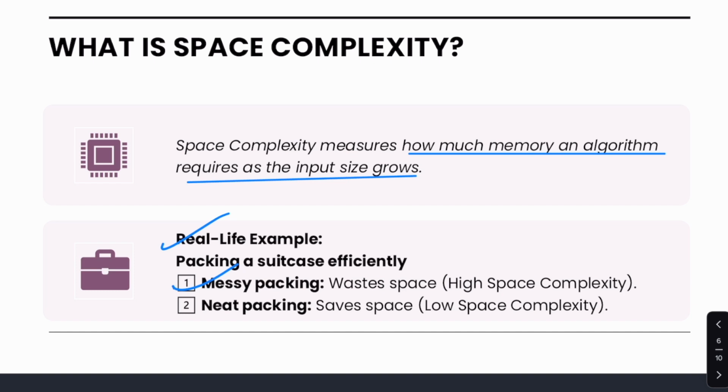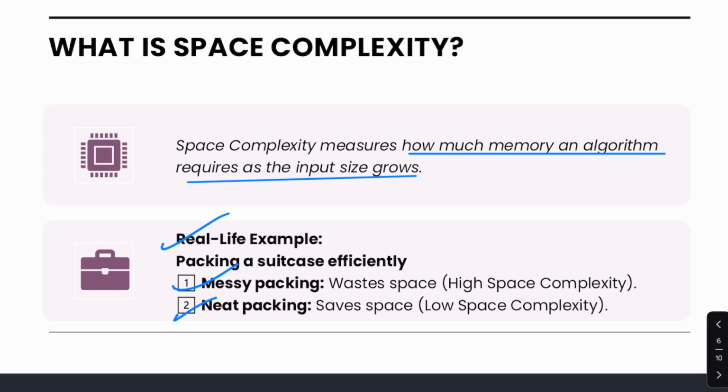That is not an efficient way. Another method, neat packing. If you fold and arrange the belongings neatly, then more will fit in less space inside your suitcase. So that is an efficient way of memory usage, kind of.